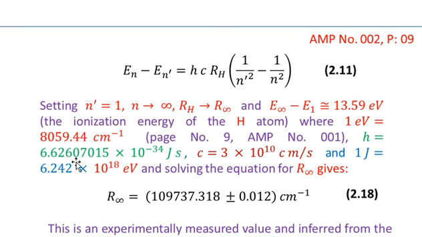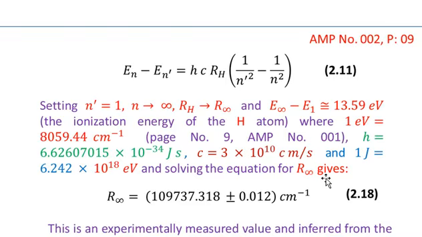h is the Planck's constant with a value of 6.62607015 into 10 to the power minus 34 joule second. c is the velocity of light in vacuum, which has a value close to 3 into 10 to the power 10 centimeter per second. And 1 joule is equal to 6.242 into 10 to the power 18 electron volt.